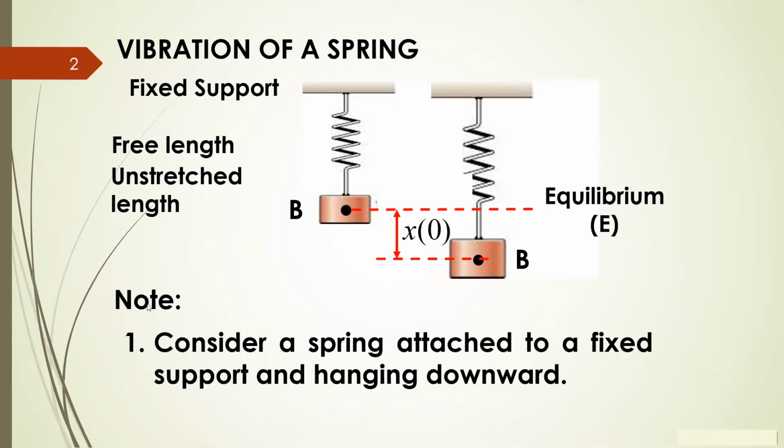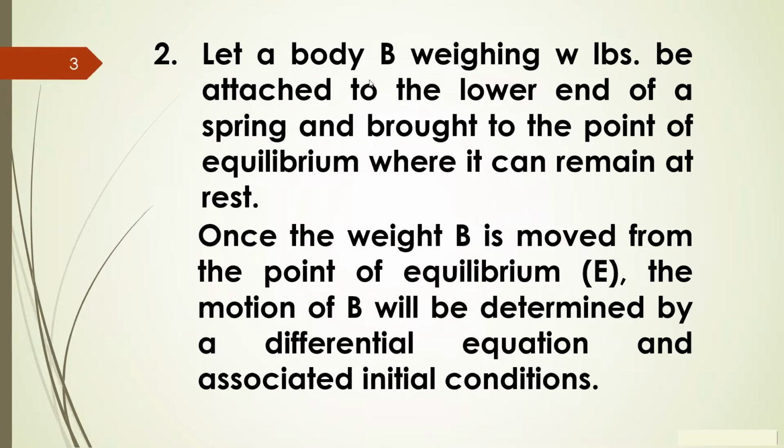Number one, consider a spring attached to a fixed support and hanging downwards. So meaning all the motion is vertical. Number two, let a body B weighing W pounds be attached to the lower end of a spring and brought to the point of equilibrium where it can remain at rest.